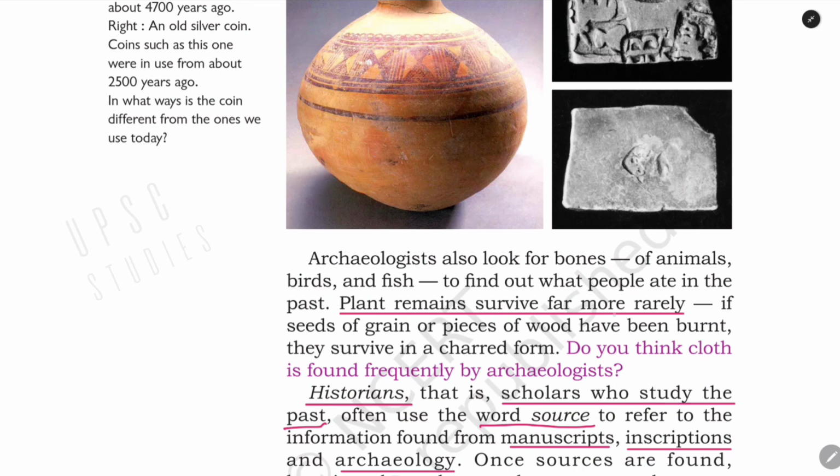Plant remains survive far more rarely, maybe as burned seeds. If seeds of grain or pieces of wood have been burnt, they survive in charred form. So its survival rate is rare, but we can find the bones of animals.